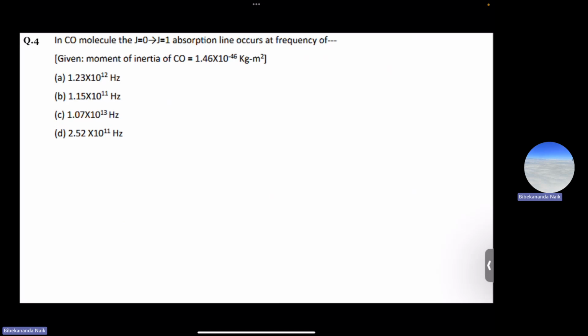We need to find the difference in energy when the transition occurs from J equals 0 to J equals 1, and then calculate the frequency of that transition. I'll give you a few minutes to think about this question, and then we will discuss the correct option.